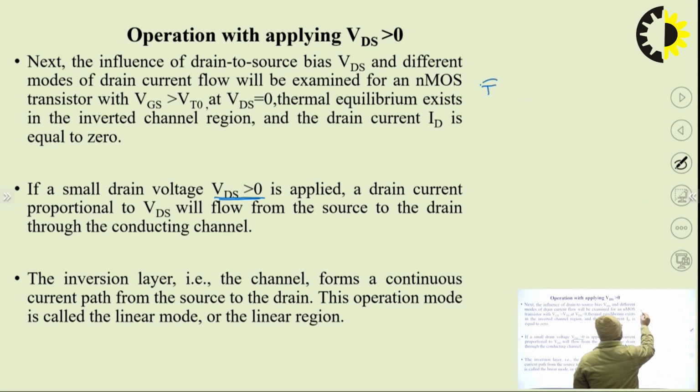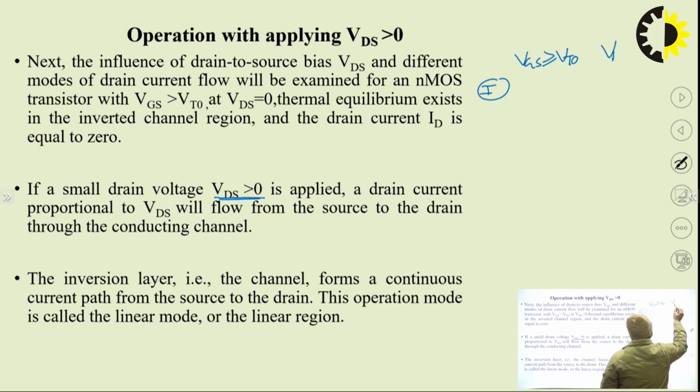So condition 1, when VGS is greater than or equal to the threshold voltage, but VDS is 0. VDS is not applied, in fact it is grounded, and VDS is equal to 0.